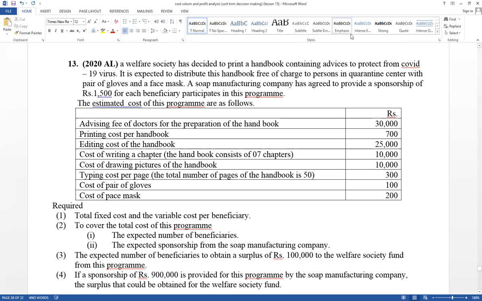First one, read and get an idea. 2020 paper, 20 marks. Before starting the question, you have to recognize selling price per unit and total fixed cost as well as variable cost per unit.